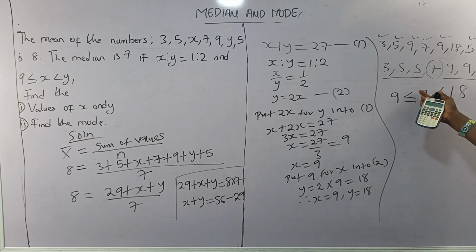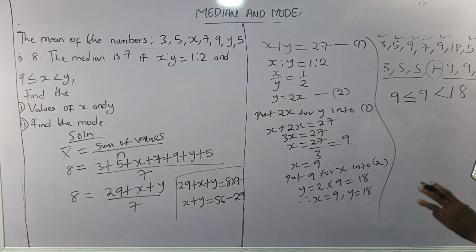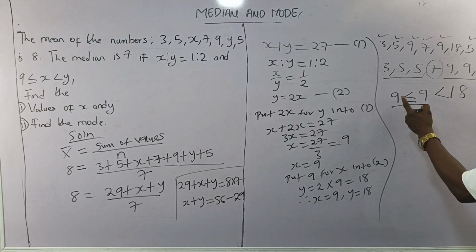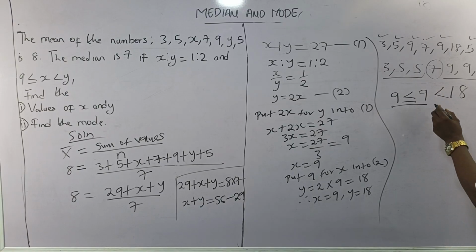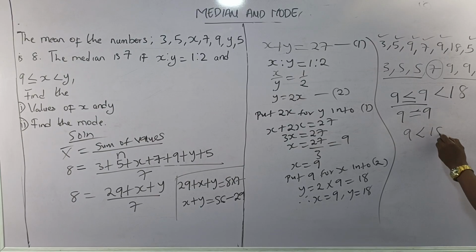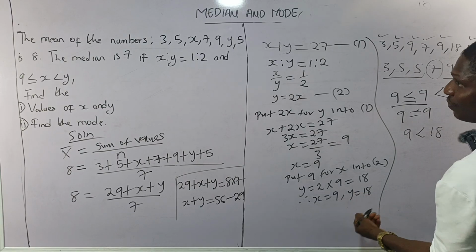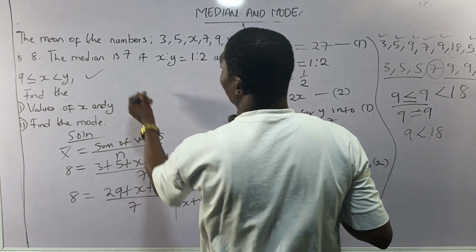Now you can see that 9 is less than or equal to 9, agreed, and 9 is less than 18. So the values for x and y satisfy the given condition.